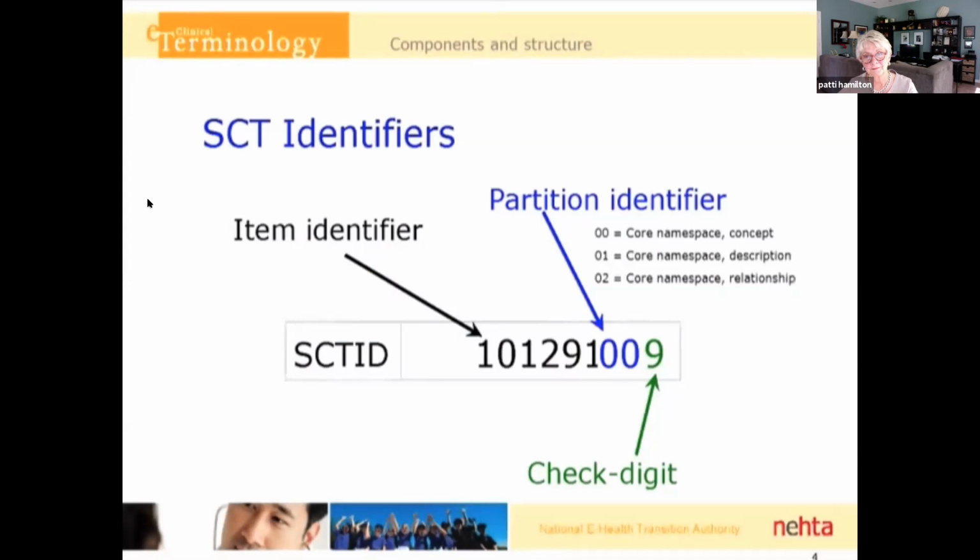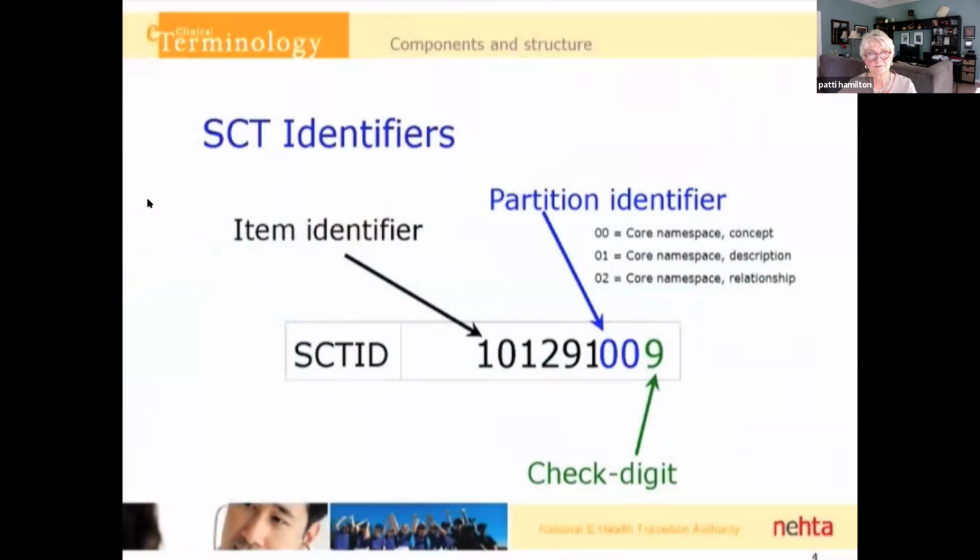The next two digits over really allow us to partition the space of identifiers so that we can identify identifiers that were issued by the IHTSDO and also identifiers that might have been issued as extensions. We can also differentiate between identifiers for the various components of SNOMED.